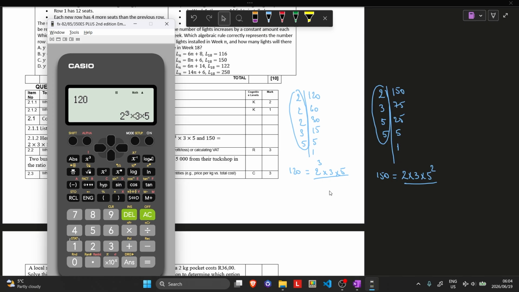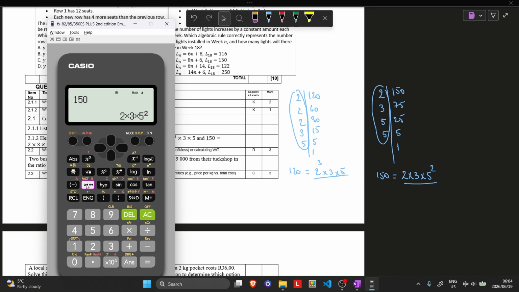And then you write it down there. You can do the same for 150. Let me just have 0 then. So I type 150. I say equal, because I need to have it right here at the bottom so that the memory of the calculator knows what I'm working with.